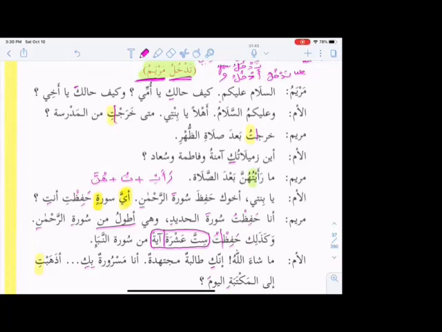Starting from 13 to 19, this compound part of the number, please remember, is mabni. Always it will be with fatha.